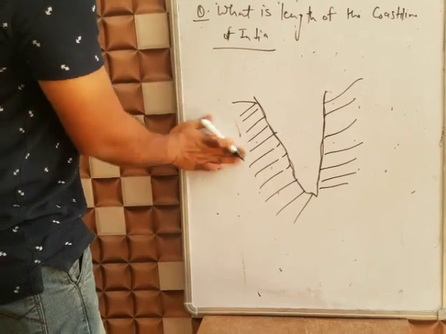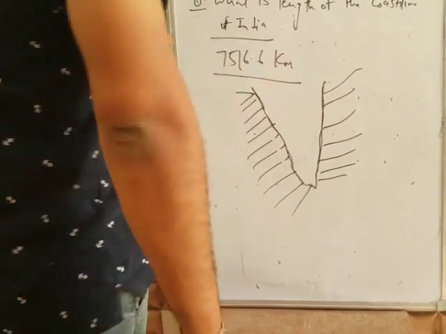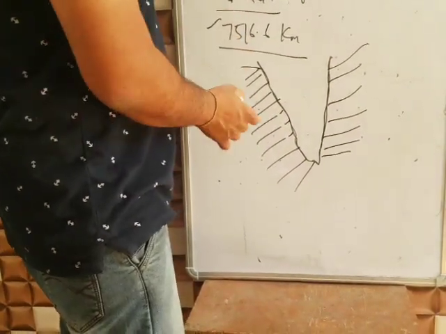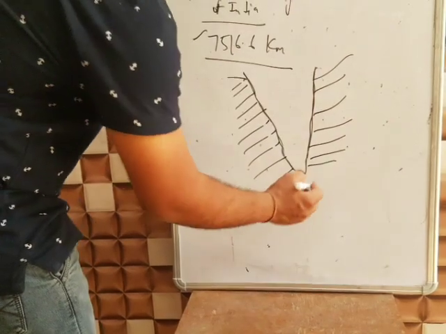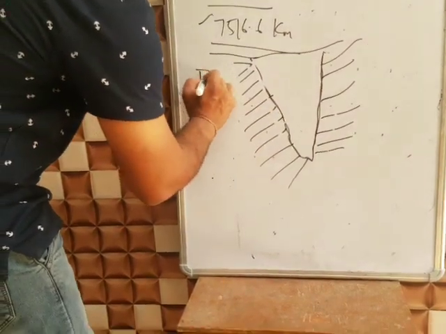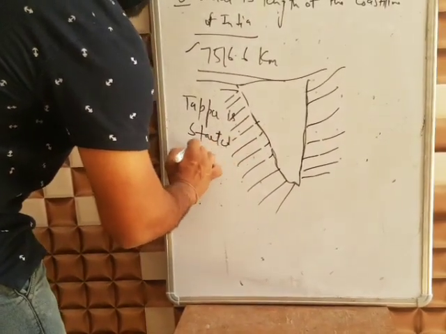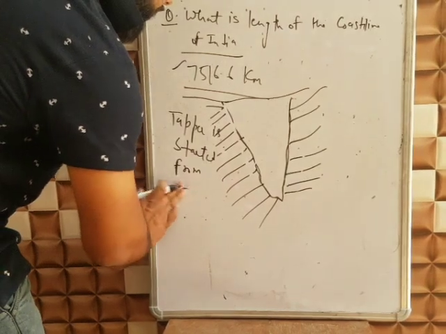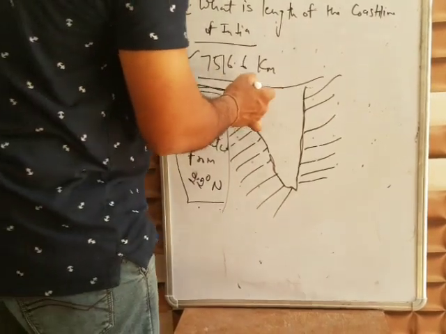Its length is 7516.6 kilometers. So this is another important fact. India has a 7516.6 kilometer coastline, and we know that this is the peninsula, or this taper. The taper starts from 22 degree north.